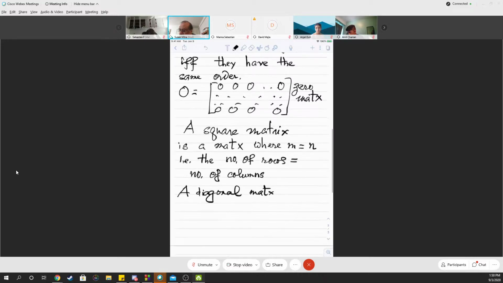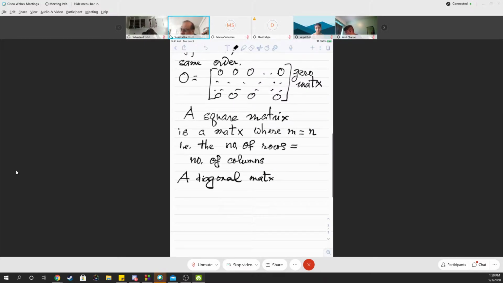So a diagonal matrix is a square matrix with entries like this. See, like this. Here's the diagram.